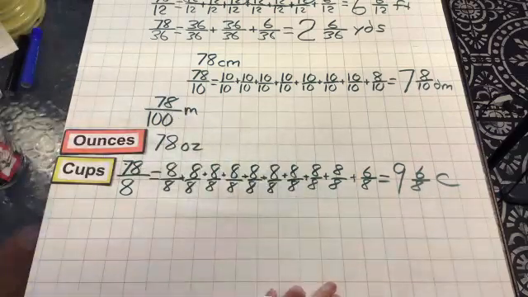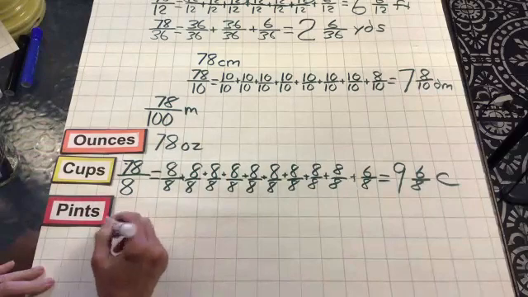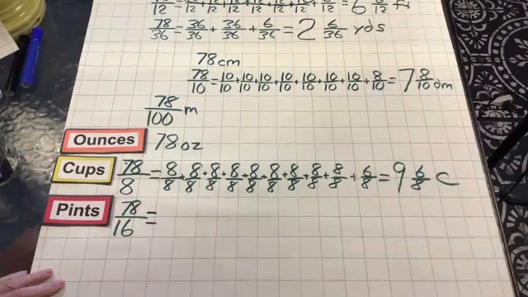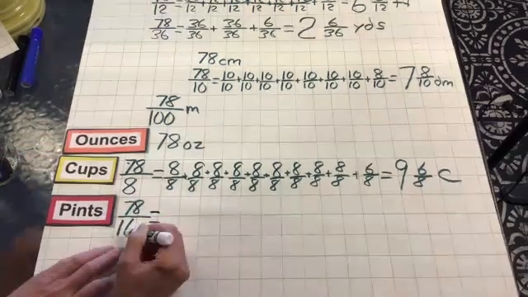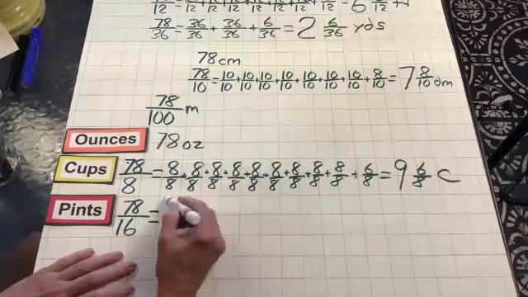All right, let's move on to pints. It takes 2 cups to make a pint, but we're doing ounces here. So 16 out of 78, or 78 divided by 16. So we're going to use this as our guide.